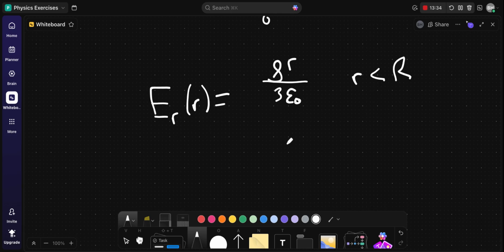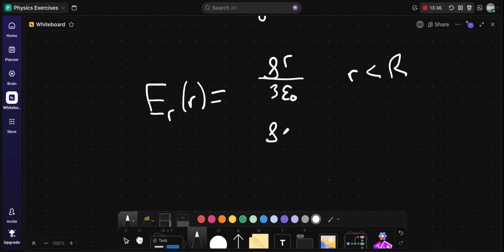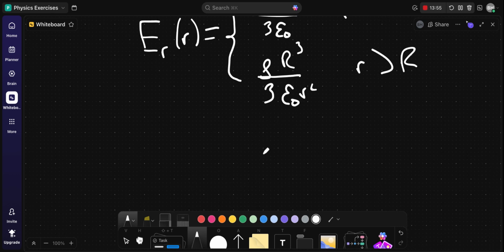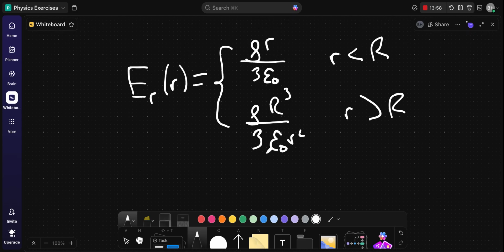The other one was rho R cubed divided by 3 epsilon 0 r squared, and this was valid if r was greater than the radius of the sphere. So that's the final result for the electric field, because there's only a radial component.